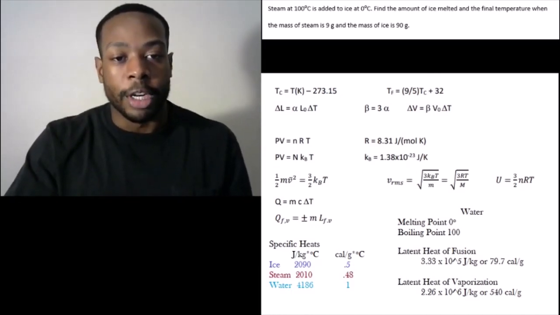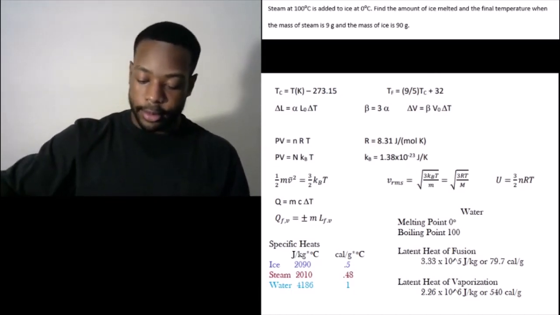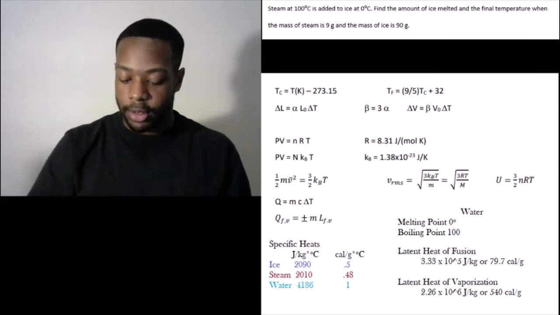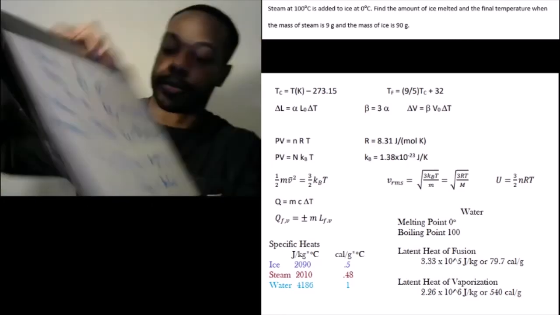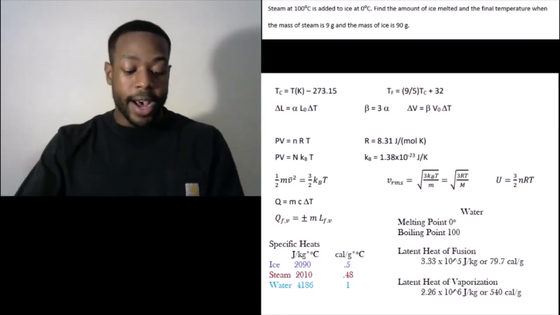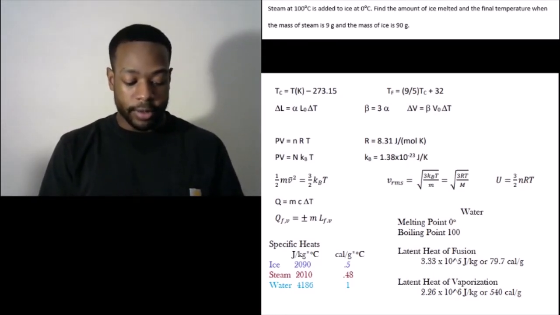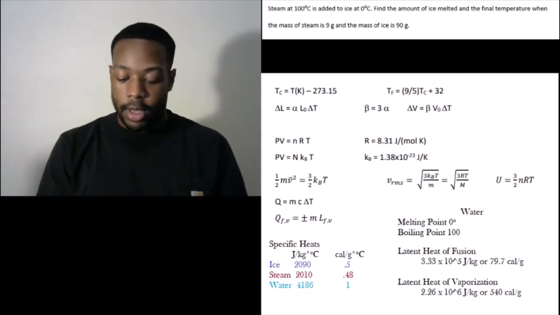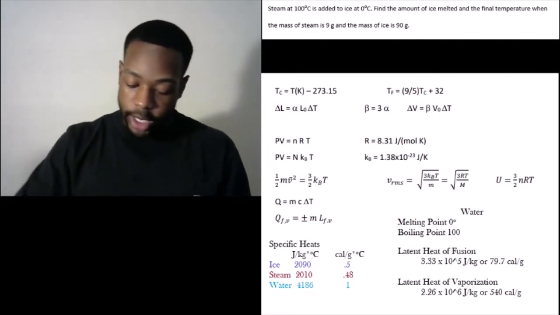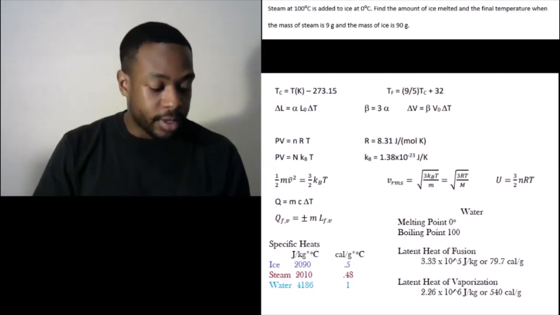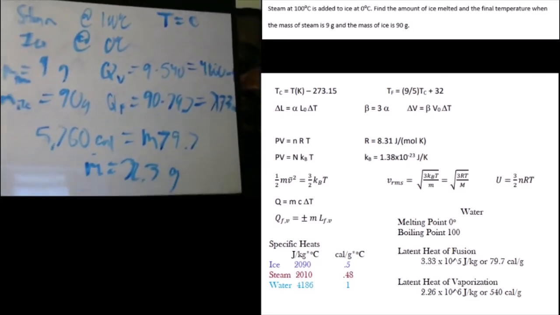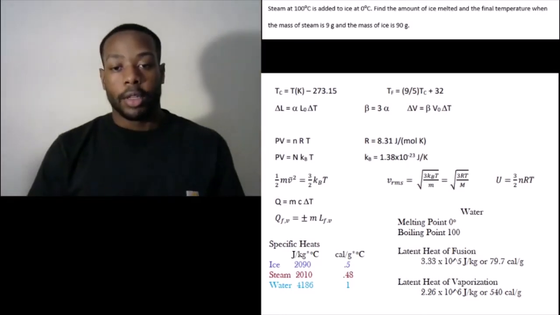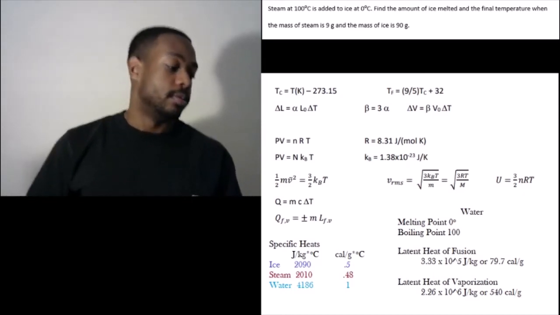Latent heat of fusion, of course, is going to be the 540, or 79.7 rather. Sorry about that. So we're going to use 79.7 as our latent heat of fusion. We're going to divide both sides, of course, basic algebra from there. And we should get a mass of 72.3 grams. So 72.3 grams of ice is going to melt.